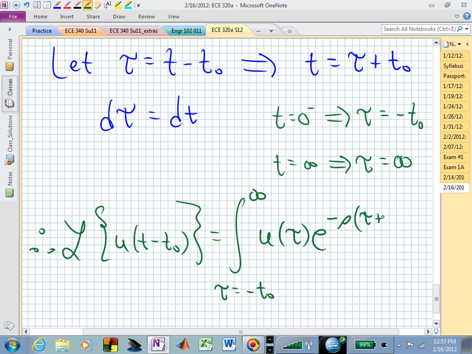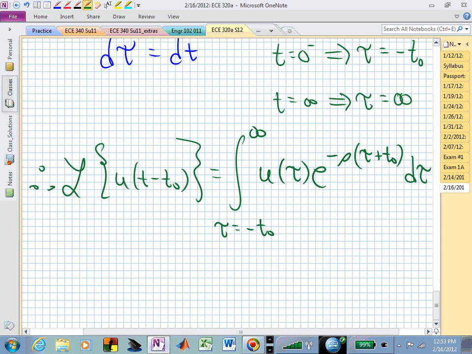It's now tau plus t naught d tau. Is everybody okay with what we just did? Now we're integrating with respect to a new variable, tau, instead of t.